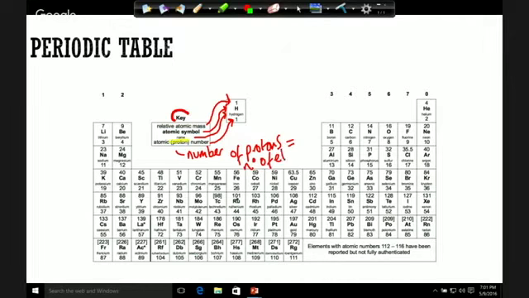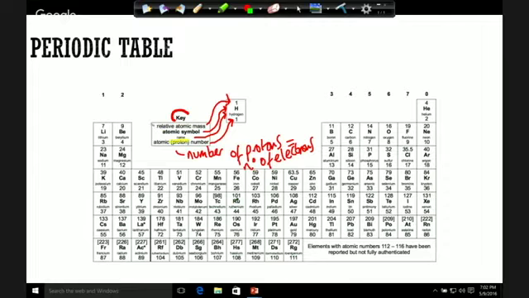So in every single atom that's shown on this periodic table, every single element, the number of protons equals the number of electrons. If you're likely to forget this, as soon as you open your paper, you might want to write on your data sheet that this is the number of protons and the number of electrons.